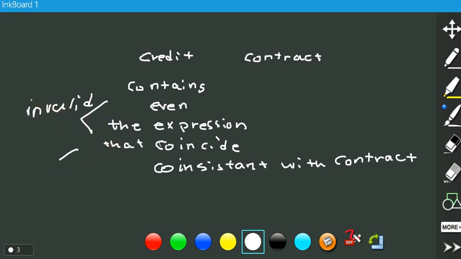This expression can be ignored. Can be ignored because of what? Because of the principle of independence.